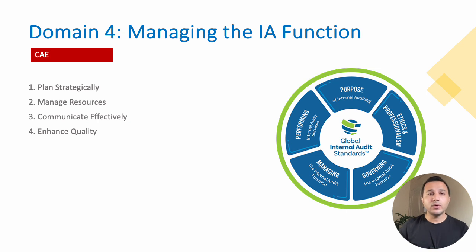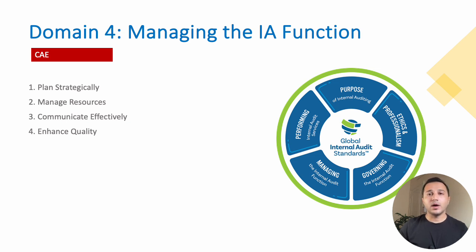Domain 4, which is about managing the internal audit function, again addresses the key requirements or elements that a chief audit executive or head of internal audit has to take into consideration. The first principle talks about the plan, which has to be strategically aligned with the organizational objectives.